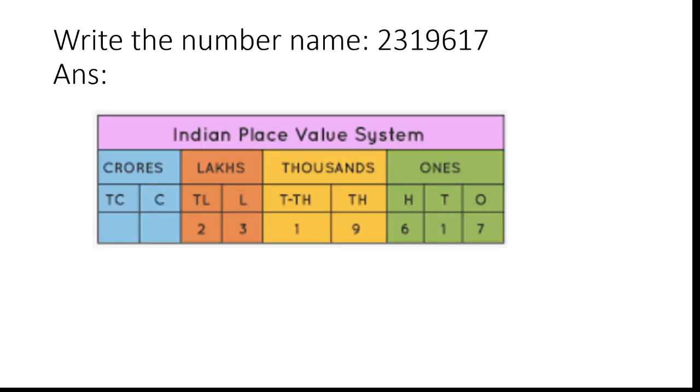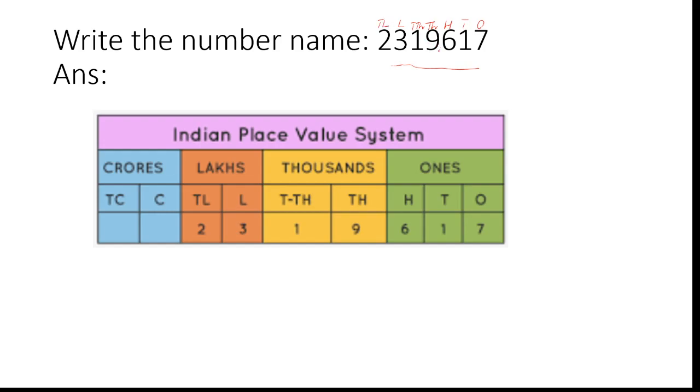Now look here, children, here our question is this one. This is a big, large number. We have to write the number name for this number. First we will write the places: ones, tens, then 100, then 1000, 10,000, lakh, then 10 lakh.